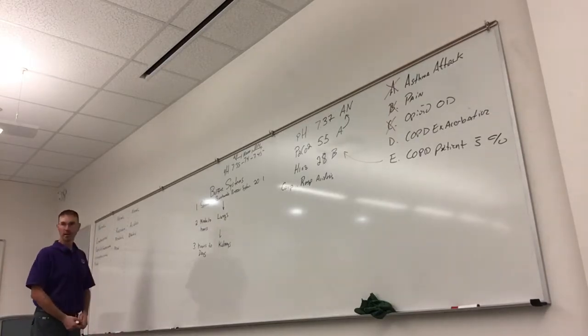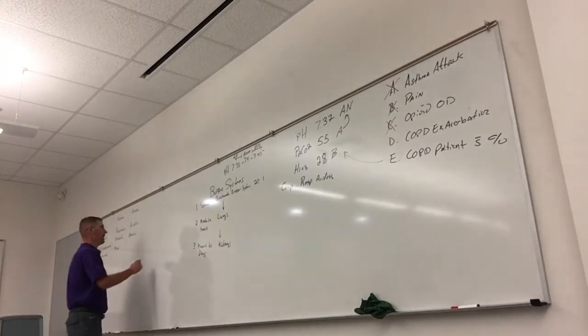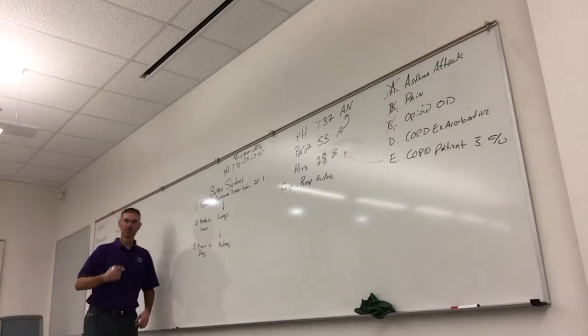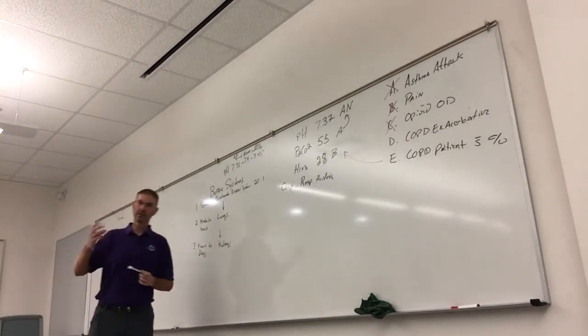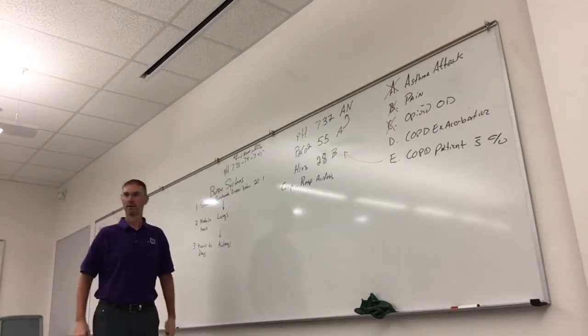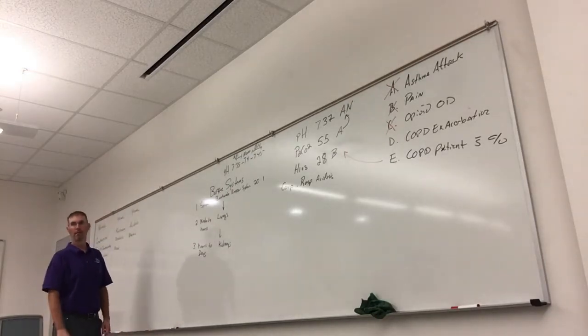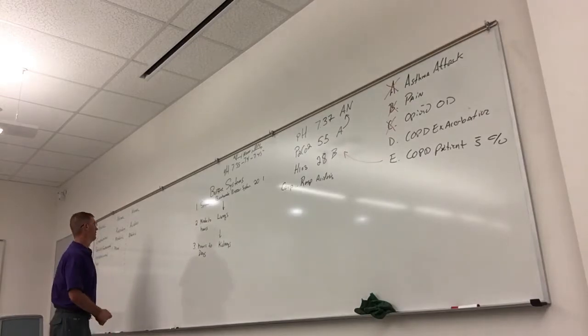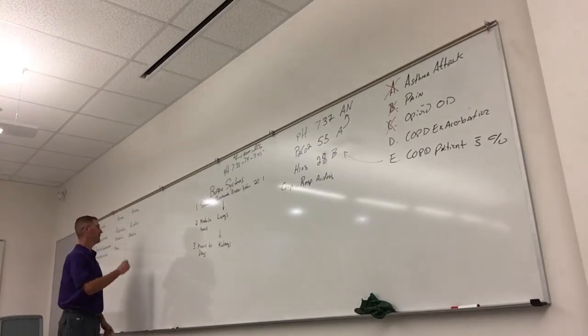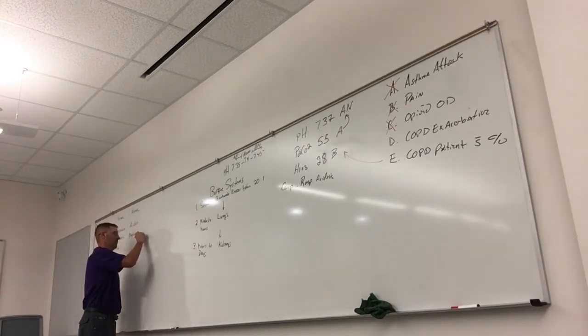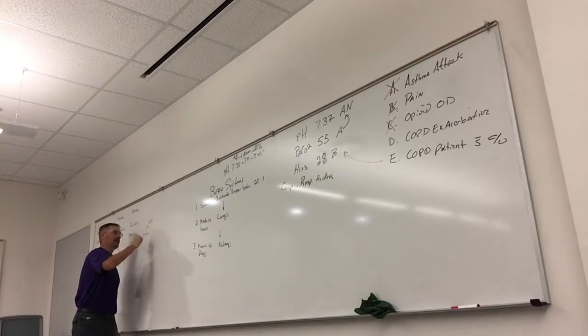It's always going to be lower, right? And if you think about it, where are you going to have the highest level of carbon dioxide in your body? Your lungs? Your blood? How about the tissues, where all the carbon dioxide is being produced?